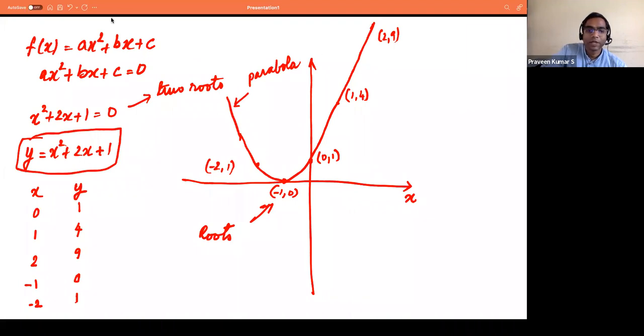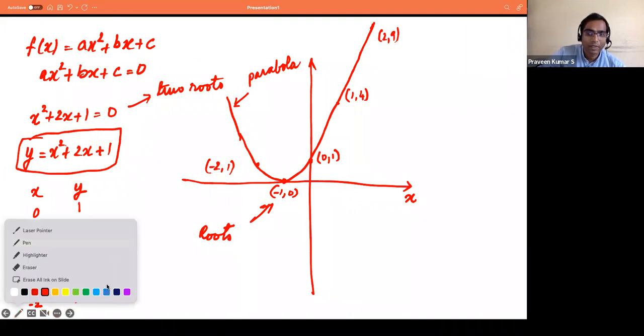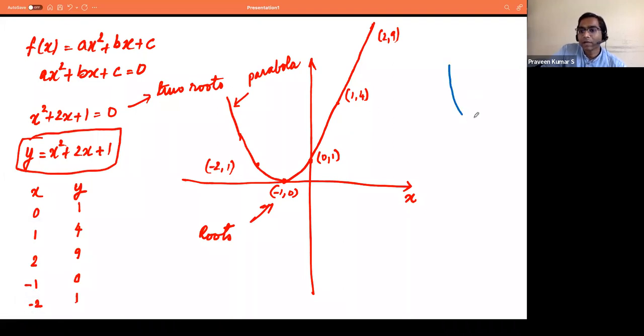Let me give you multiple scenarios. If the graph was like this and this was the x-axis, then you would say these roots are real and unequal.